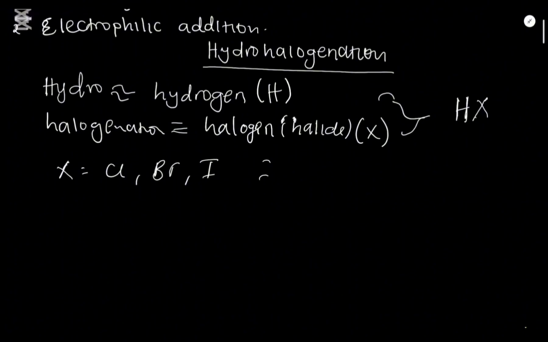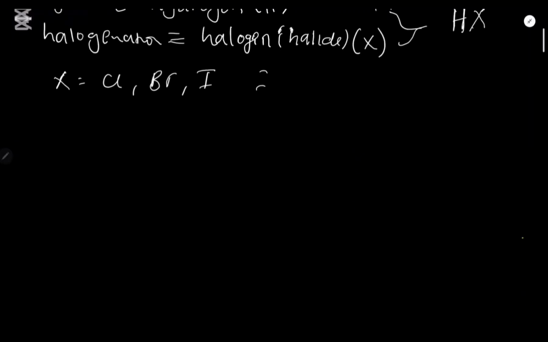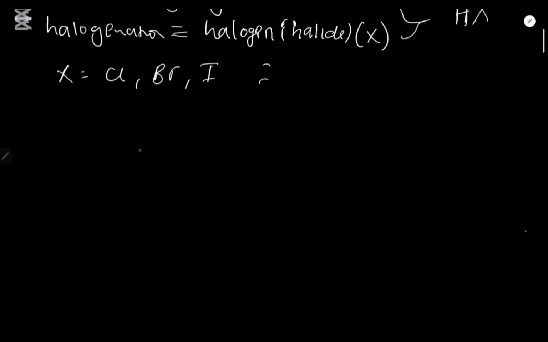Let us now focus on the reaction mechanism. Let's just take a general alkene, any simple alkene like this one. So this is an alkene with a double bond. Let me put HX.